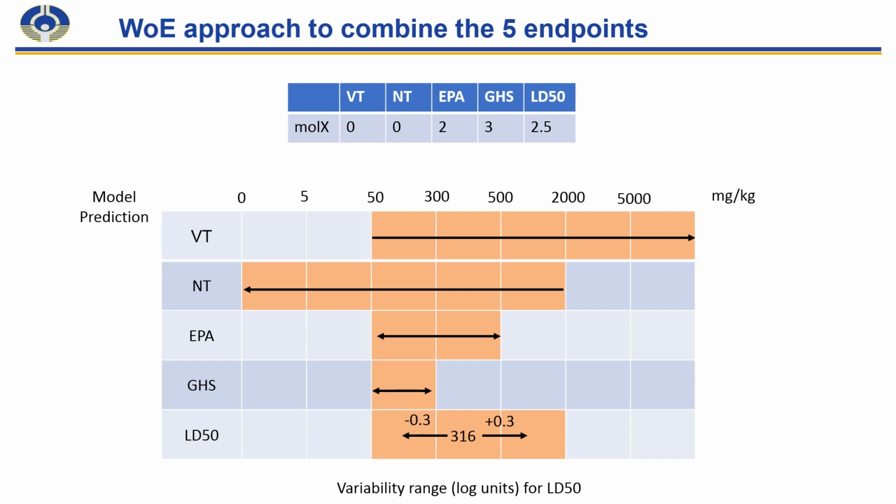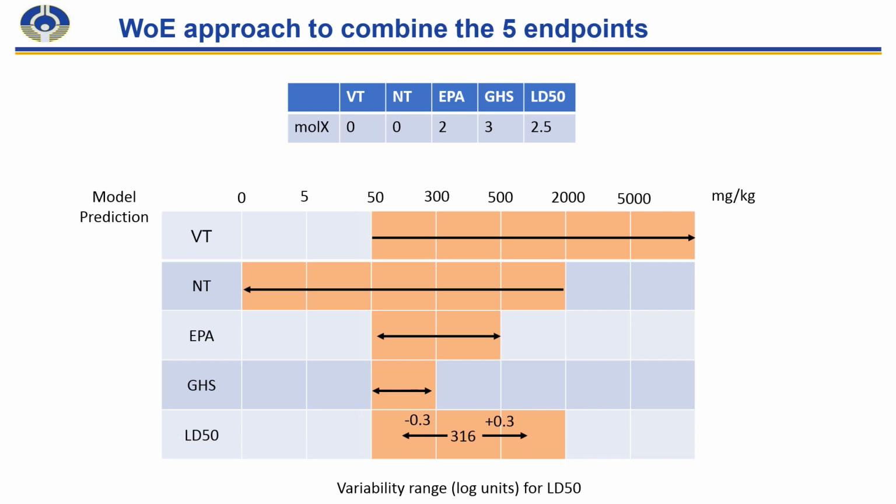So without getting too much into the details, and we're preparing a manuscript on this analysis right now, we bootstrapped through the standard deviations that we had for all the chemicals where we had multiple LD50 values from independent studies, and we were able to derive a variability range for that quantitative LD50 value that reflects the variability that we see when multiple independent studies are performed.